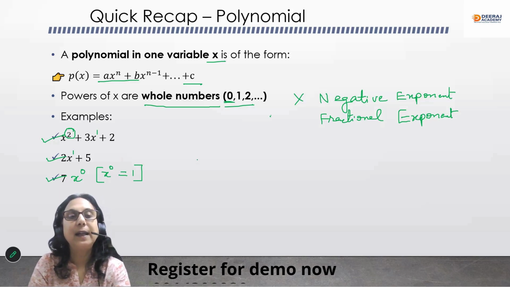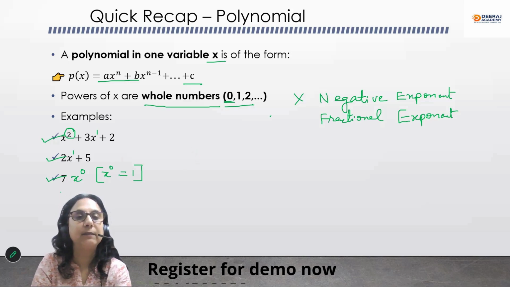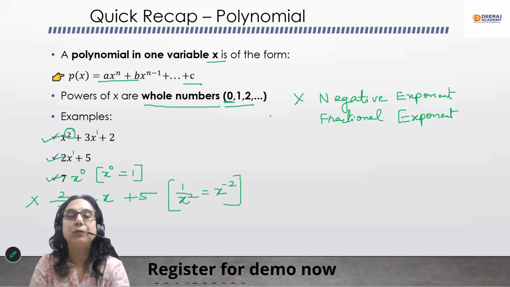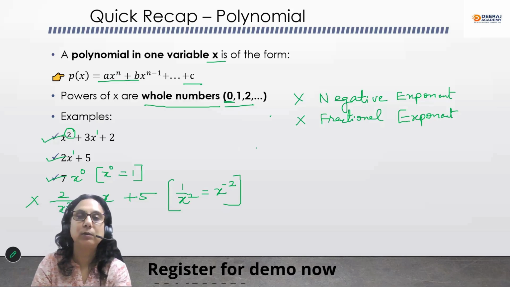Suppose I have 2 over x square plus x plus 5. Is it a polynomial? No, it's not, because 1 over x square means x to the power negative 2. When we have a negative exponent, our expression is not a polynomial.